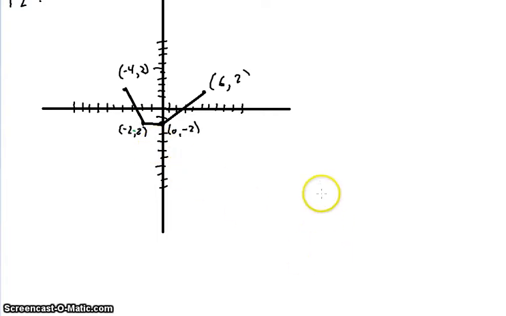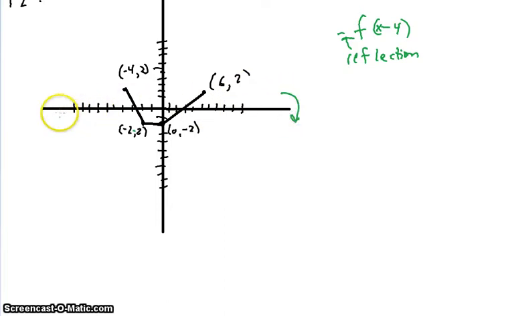For the next one, we have two things going on here. We have a negative f of x, so this is a reflection. We have to reflect it across the x-axis, and then we have to shift it. But remember, when you shift something inside a function, it acts like an opposite. So this actually looks like a subtract 4. You would think that would be going to the left, but this is actually a shift to the right.